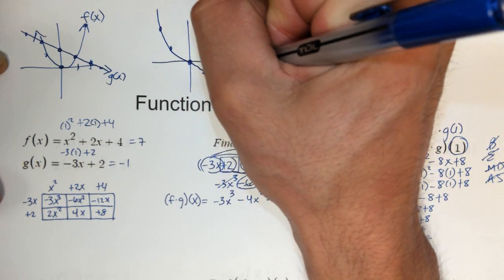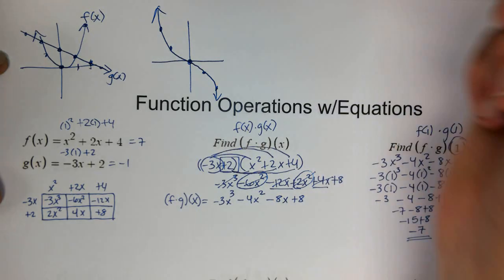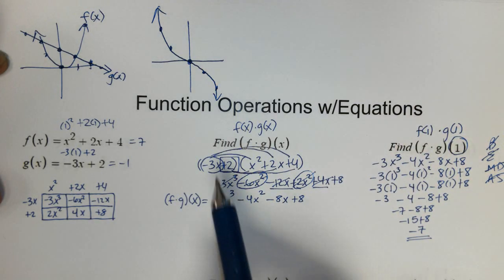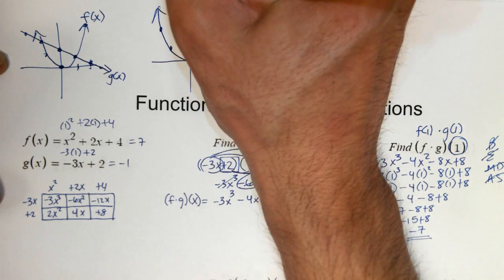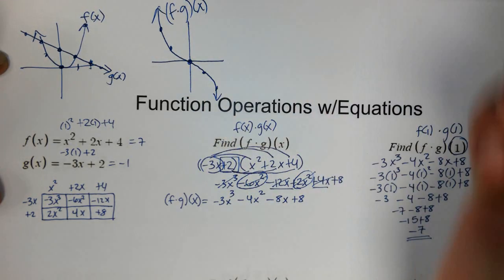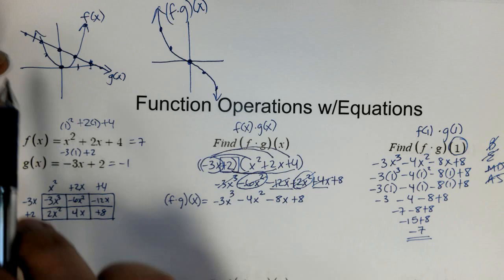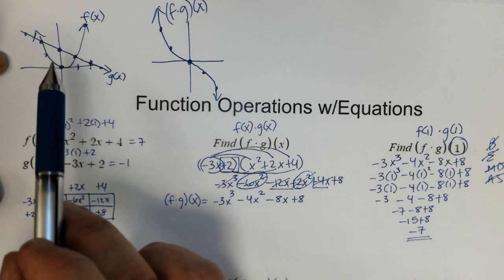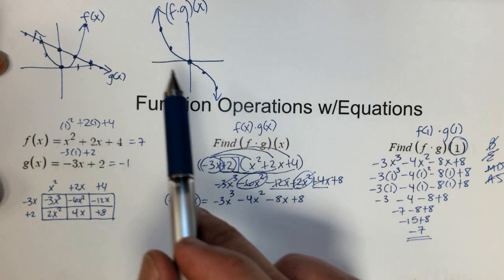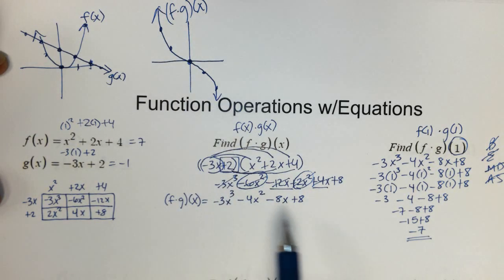In this case, it looks something like this, because it's a cubic function. We'll talk more about that later. This cubic function is the result of multiplying the two functions together. This is really what's happening. I take every point on f, every point on g, and as I multiply them together, we get brand new points. And when I connect them, I get a brand new graph, a brand new equation.